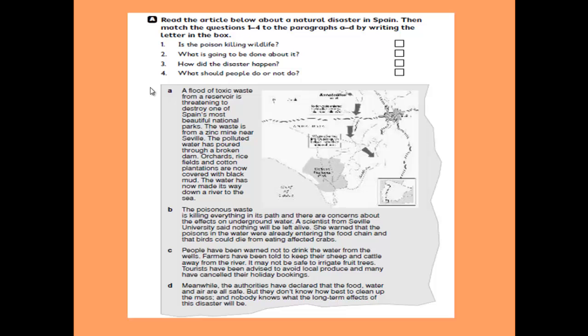Meanwhile, the authorities have declared that the food, water, and air are all safe, but they don't know how best to clean up the mess, and nobody knows what the long-term effects of this disaster will be. Here we can match this paragraph number D with this question, what's going to be done about it?